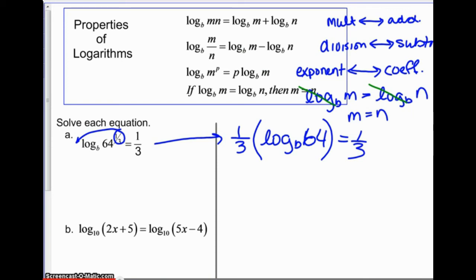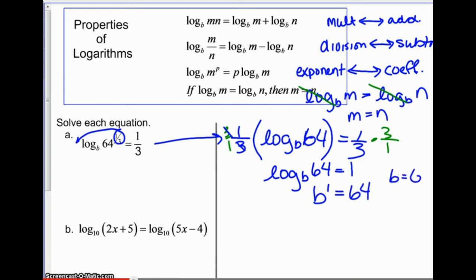Then to deal with the 1/3 out in front, I'm going to multiply both the right and the left side of my equation by 3/1, the reciprocal of that 1/3, and that becomes just a 1. So we have log base b of 64 equals 1. Now if I put it in exponential form, it's b to the first equals 64, which tells me b must be 64, because only 64 to the first power equals 64.